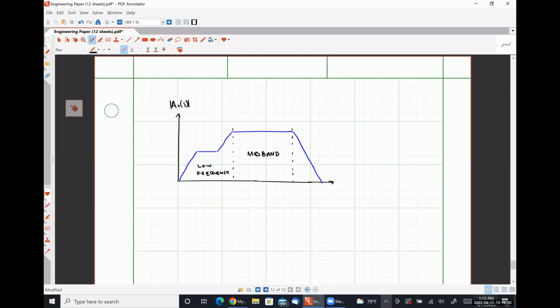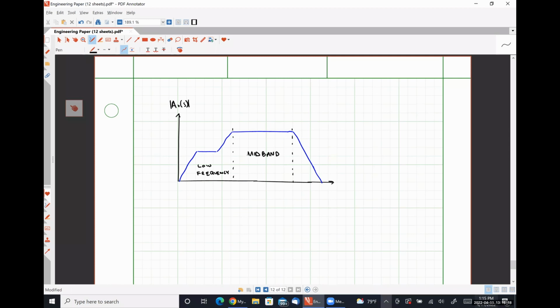So the analysis that we're doing right now is over here to the left, where our large capacitors don't quite look like short circuits yet. They're going to have some finite impedance.